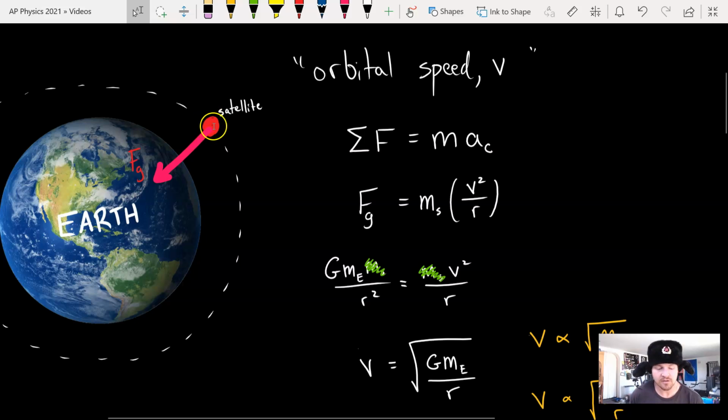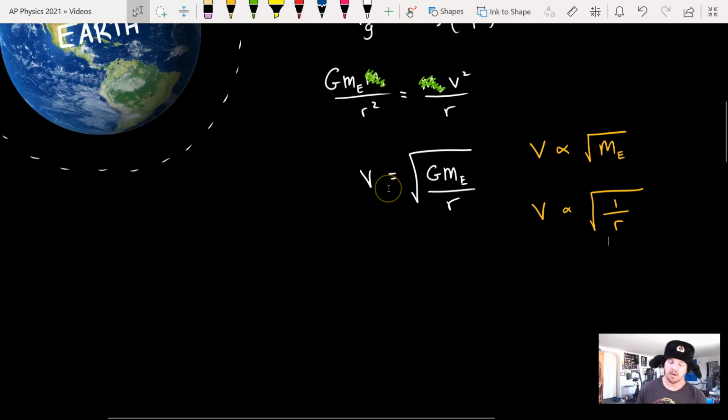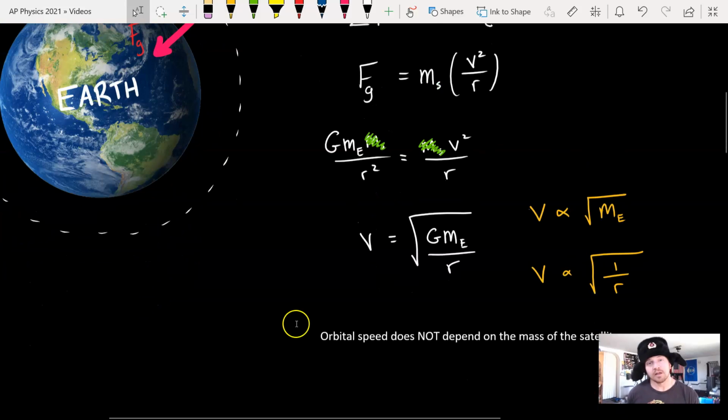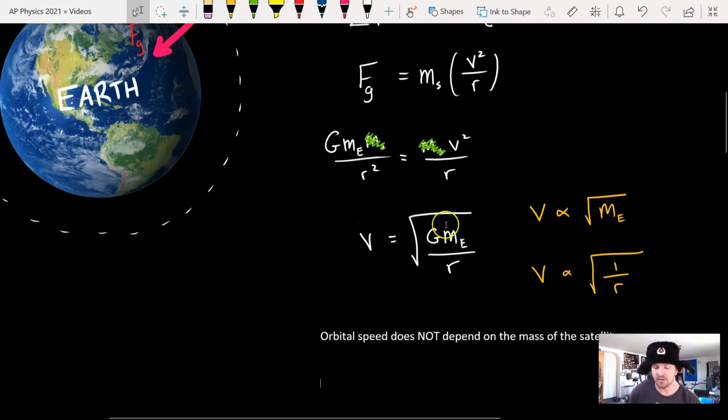The only thing that matters is how hard it is getting pulled on with a force of gravity, and that is entirely dependent on just how big the planet is, the mass of the planet, right? So taking a look at this, orbital speed does not depend on the mass of the satellite or the moon or the thing that's orbiting, right? All it depends on is the mass of the planet right there.